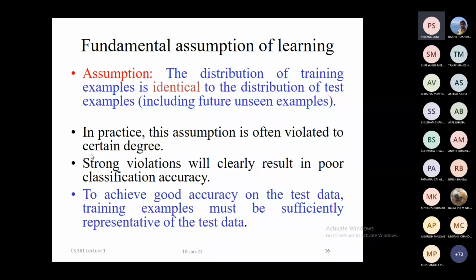But you can say that you have two different data sets. Just for example, let's say you are taking images of birds. Now you train your classifier with grayscale images of birds, and now you test your classifier with color images of birds.